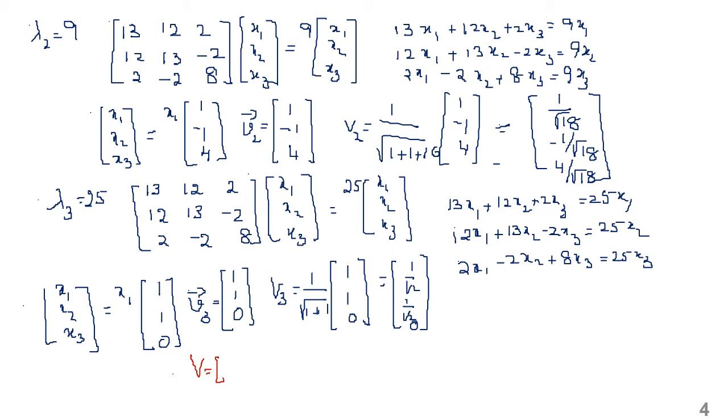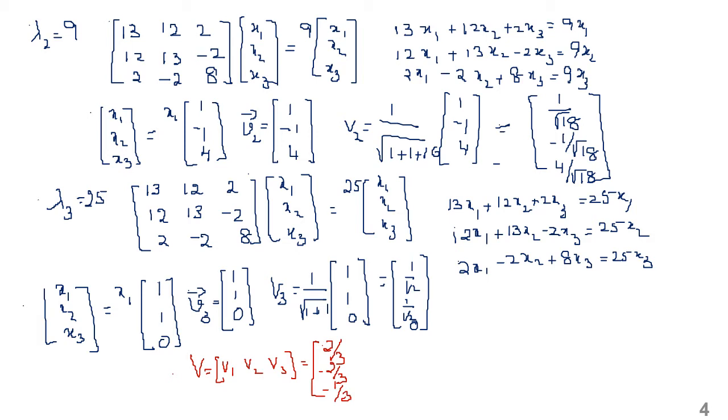It is V1, V2, V3. So that gives you V1 is equal to 2 by 3, minus 2 by 3, minus 1 by 3.